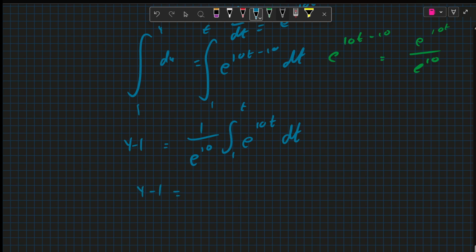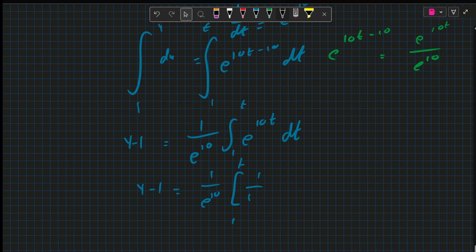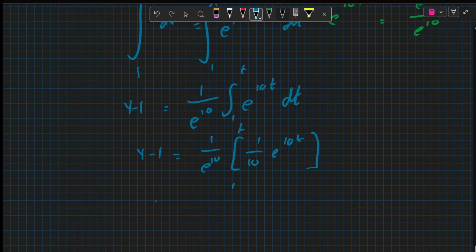So we get y minus 1 equals 1 divided by e to the 10, and then between 1 and t of this comes down as 1/10 e to the 10t in there. So y minus 1 is 1 over e to the 10 times, that's going to be 1/10 e to the 10t minus 1 over 10 e to the 10.